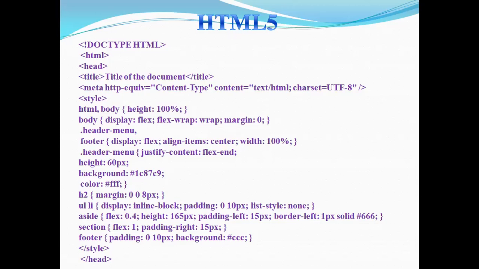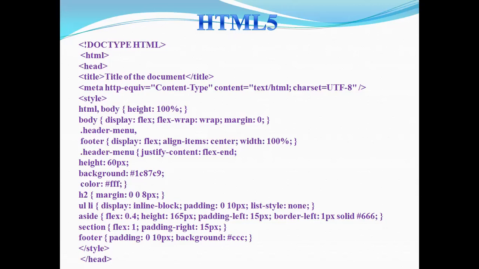In between them you have to draw the line. That time you have to use the flex value. Padding left is 15 px with a height of 165. Then the border: what is the border and what is the color? That border color you want to specify here also, by using these properties. That is the styling properties.